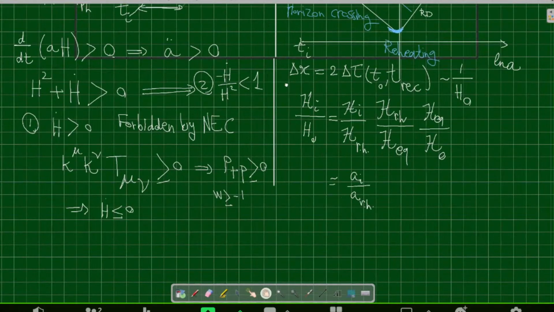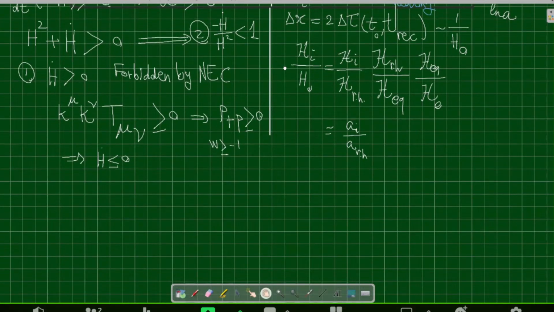So that initial time where the observable universe crossed the horizon during inflation, H_reheating divided by H_equality, depends, as I said, on the reheating temperature. This goes more or less as the ratio of the temperatures. There is some additional factor which has to do with the number of relativistic degrees of freedom.